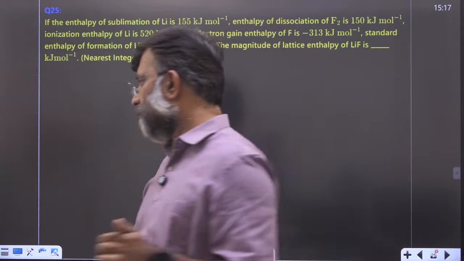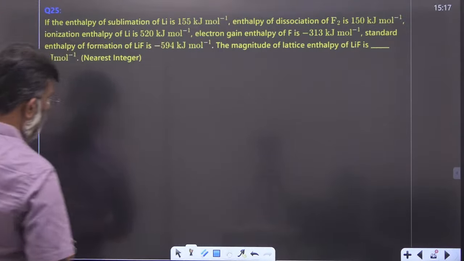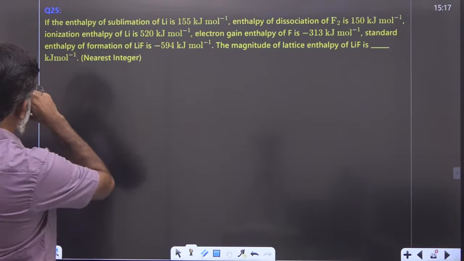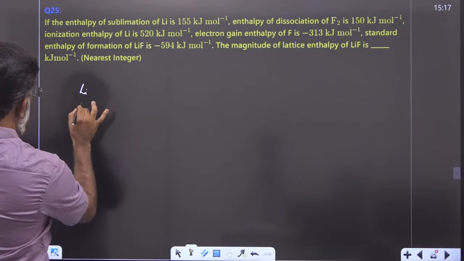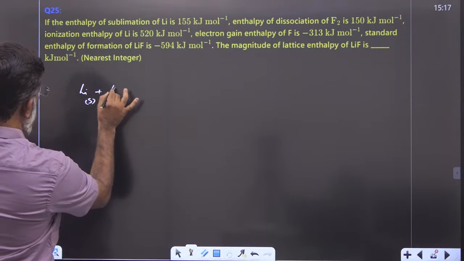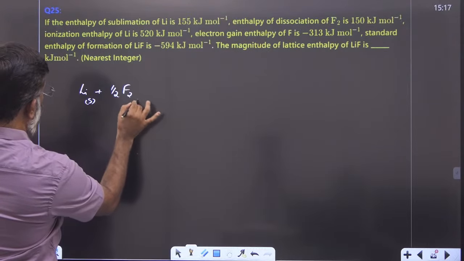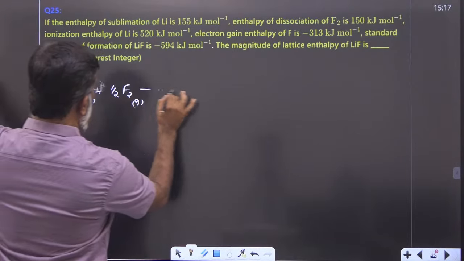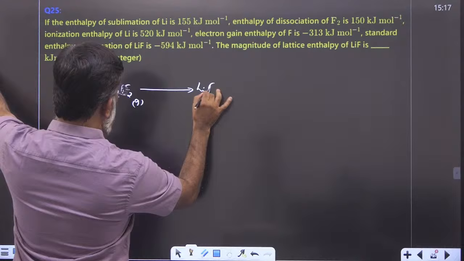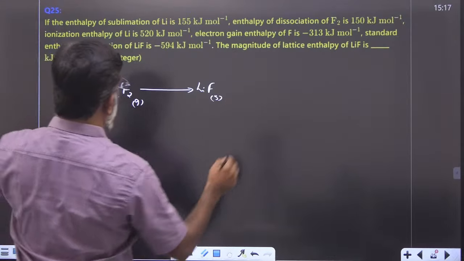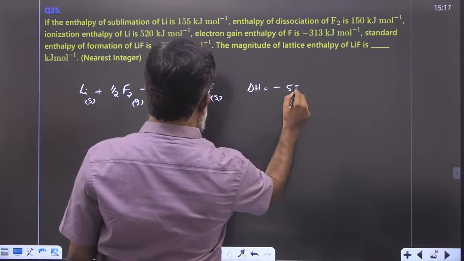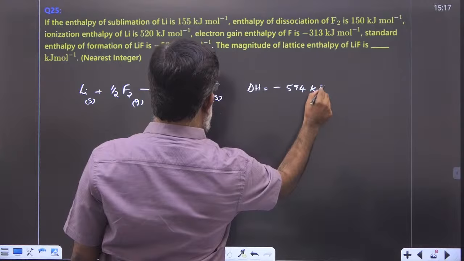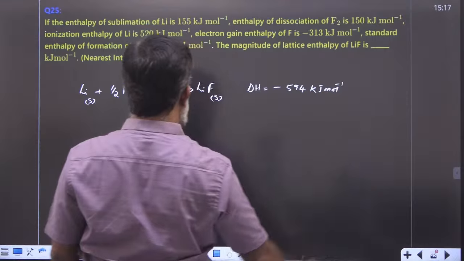Same question. Please note down the enthalpy of formation of lithium fluoride, that is lithium solid plus half F2 gas gives LiF solid, and the value of delta H is minus 594 kilojoule per mole.